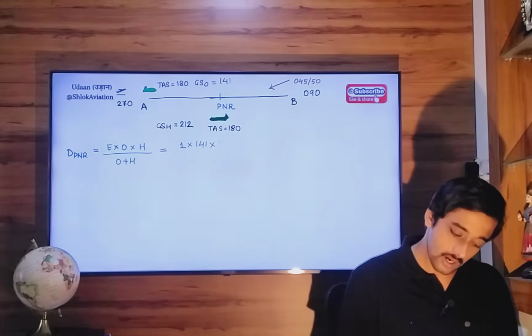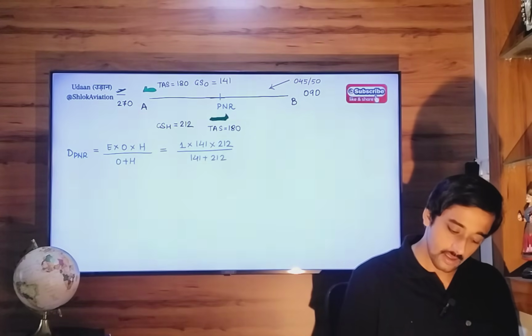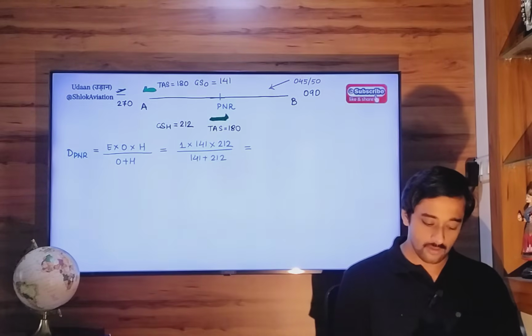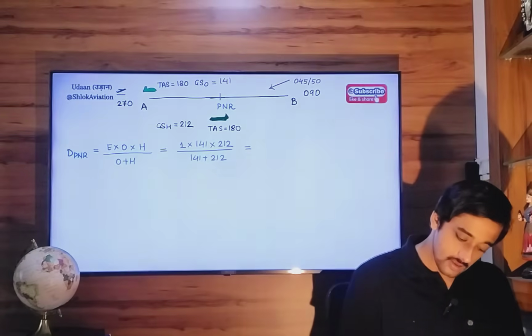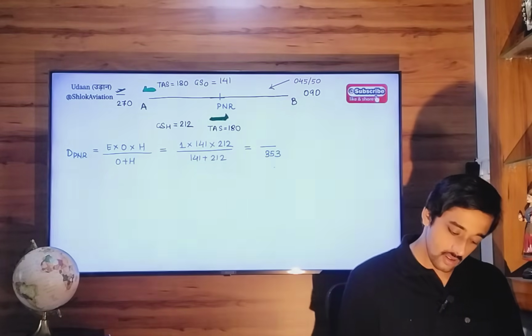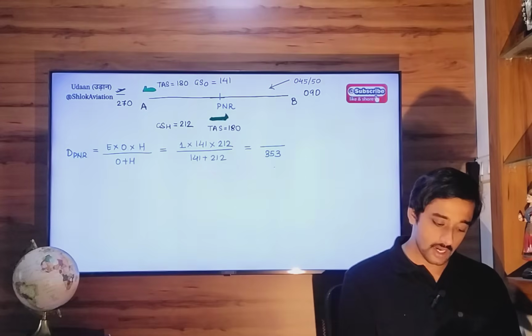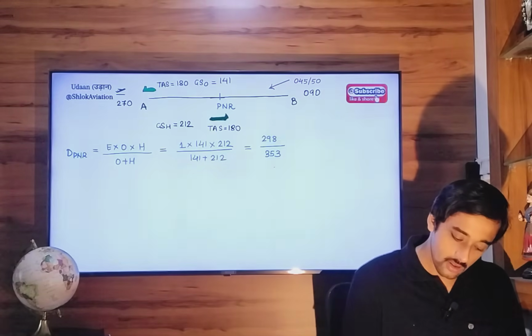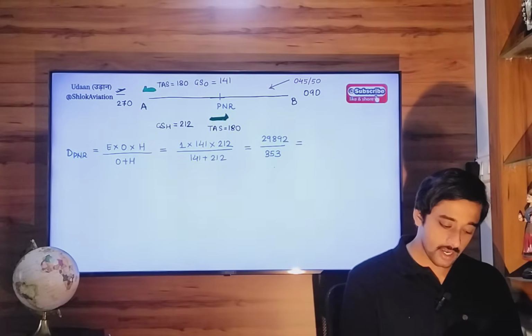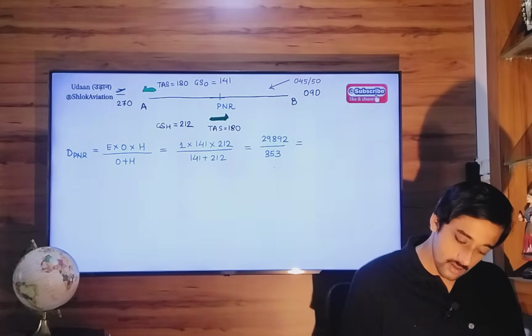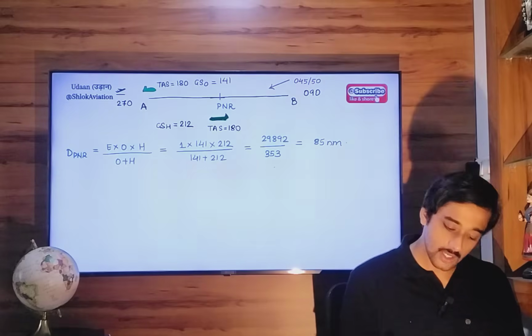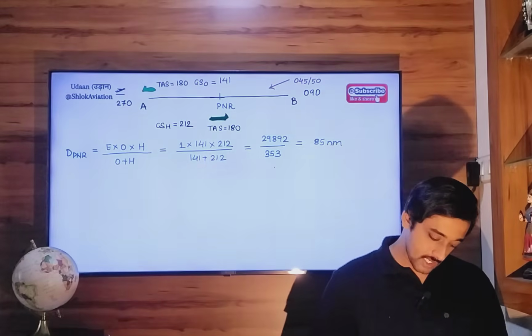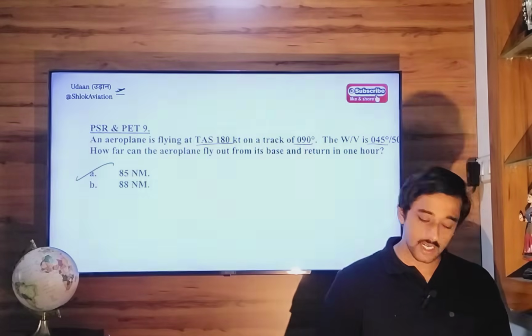Homebound speed is 212, divided by 141 plus 212. So 141 plus 212 is 353 and 141 into 212 is 29892. That divided by 353 is equal to 85 nautical miles. Okay, so option alpha is the right answer.